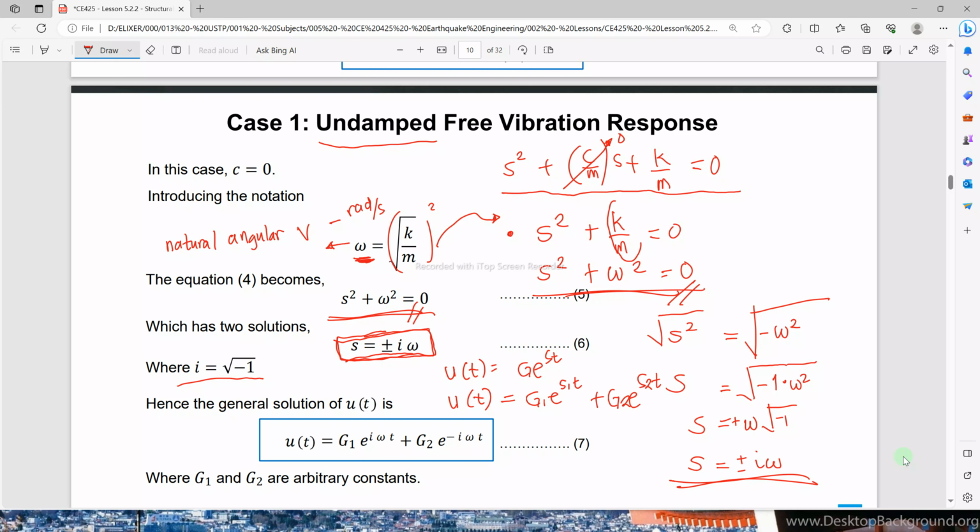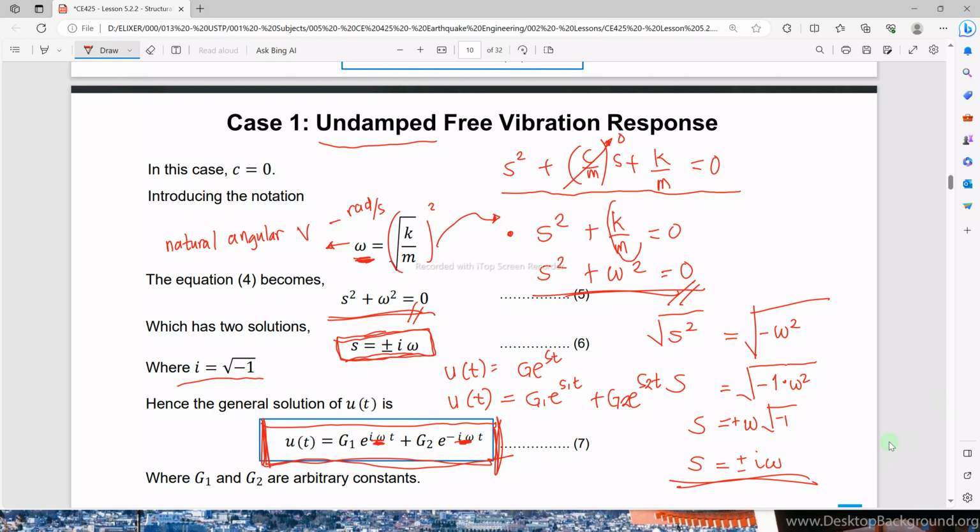So our s1 will be the positive i omega shown here, and our s2 will be the negative i omega as shown there. So we have the general solution for our undamped free vibration. Our displacement will look like this, where G1 and G2 are the arbitrary constants.